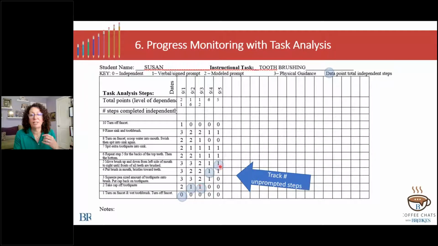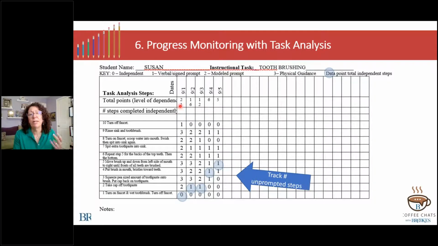And you can see here very visually, it's very clear how she is making progress with becoming more independent. I really love that part because I think it's just efficient, and I know you're busy as teachers. So having this kind of charting, I think, is really helpful.